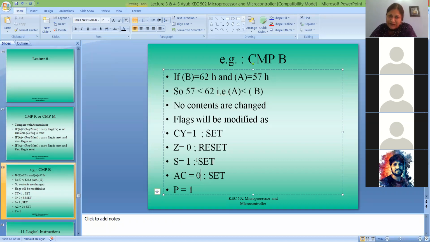If you check the result, which D7 bit is checked here? It is the accumulator's D7 bit that is checked. So when you are working with signed numbers, let me tell you what a signed number is.